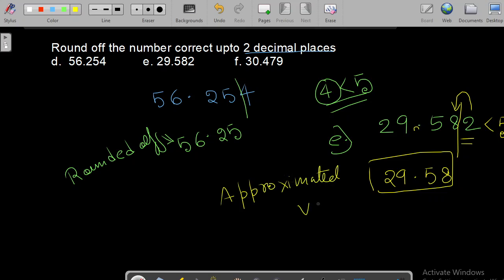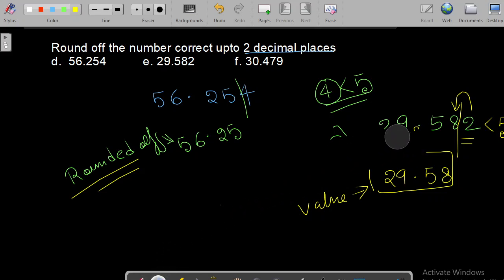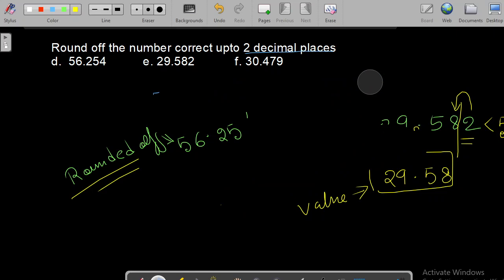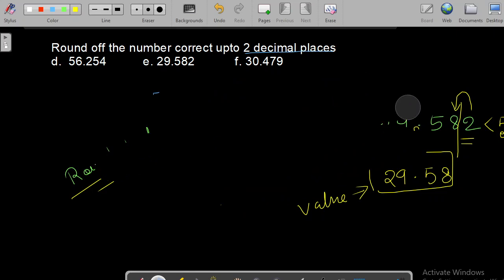That is the approximated value. Well, I hope you have understood this case. Let us further practice with more examples. I mean the last number for this case.